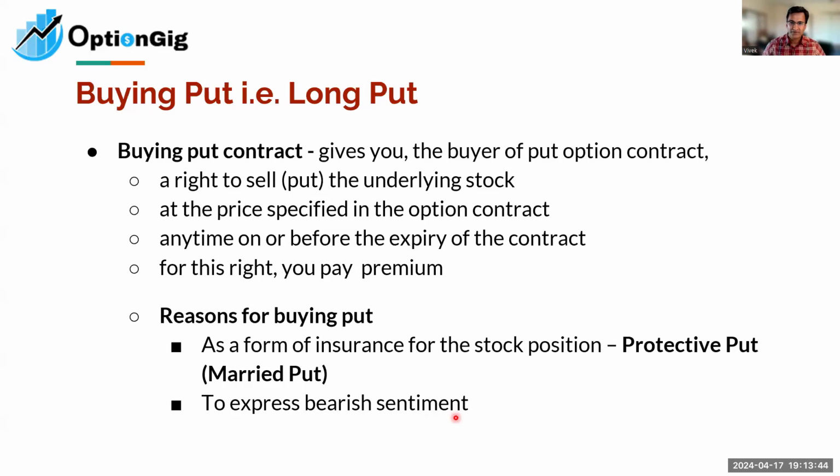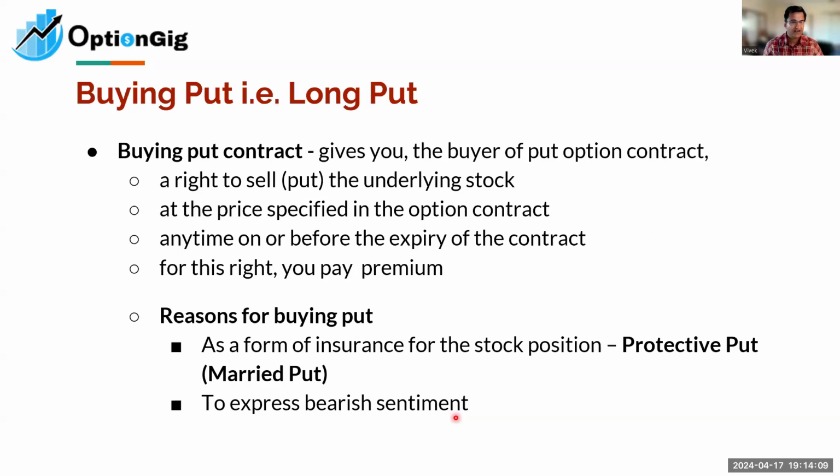So what am I gonna do? I am bearish on Google. I'm gonna buy the $150 put option contract. So stock goes down to 120, 17th May. What I'm gonna do is buy the stock at 120 from the market and use this right which I have from this put option contract to sell it at 150.